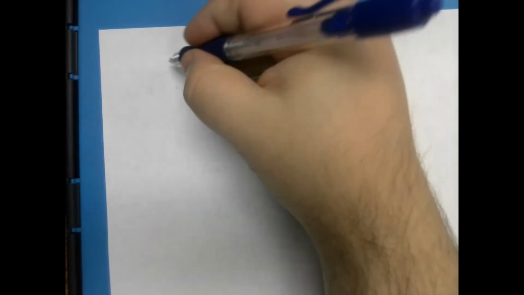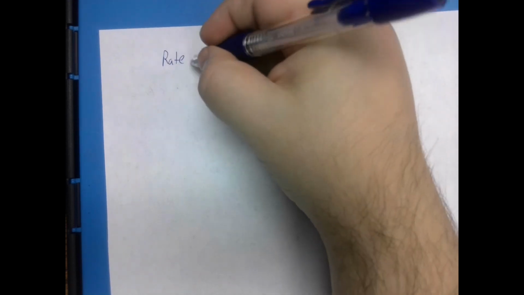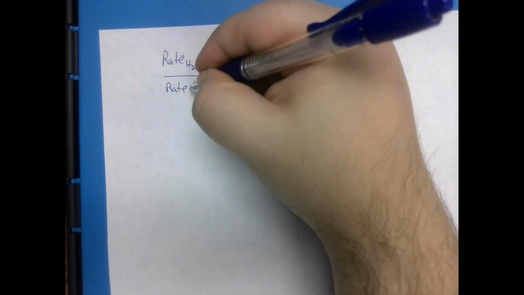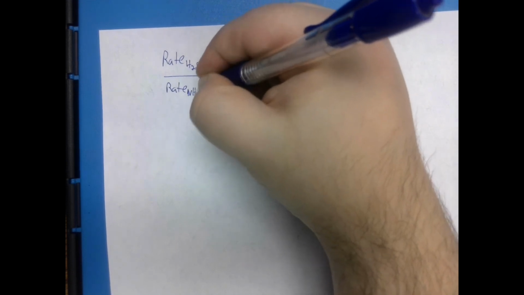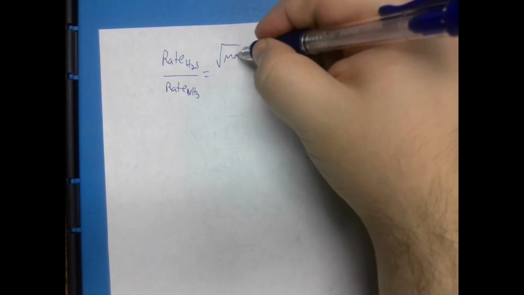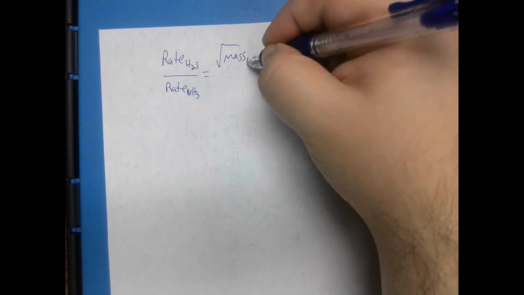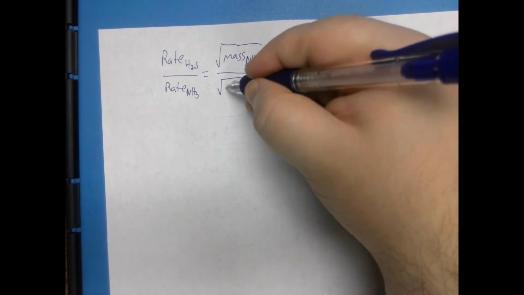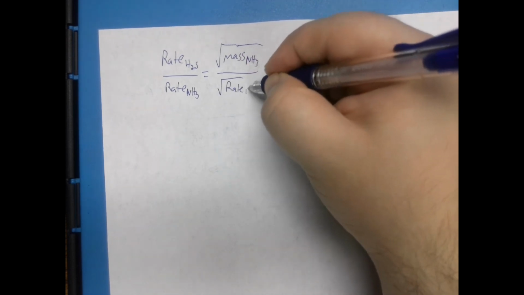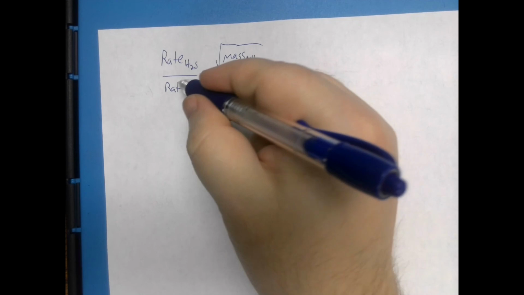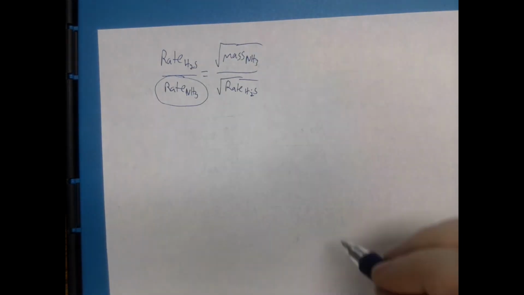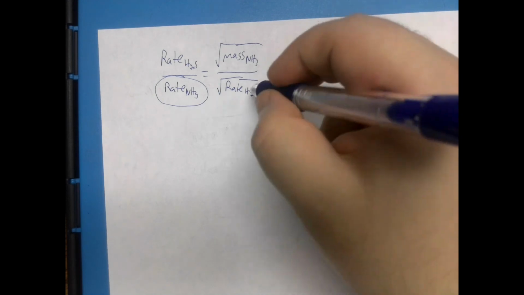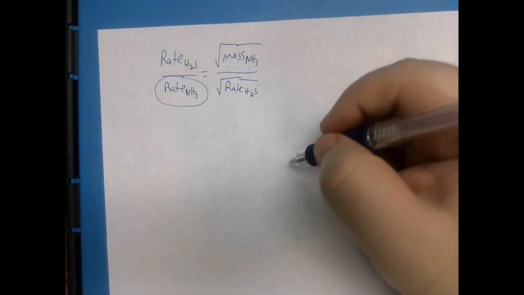So basically, rate of H2S divided by rate of NH3 equals the square root of mass of H2S divided by the square root of mass of NH3. We're solving for this rate, so I'd multiply it to the right side, and then multiply by the inverse.